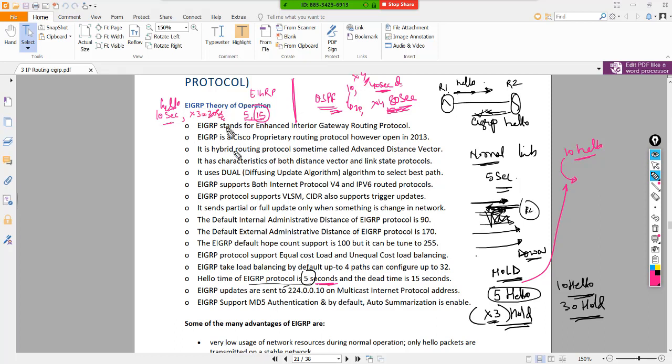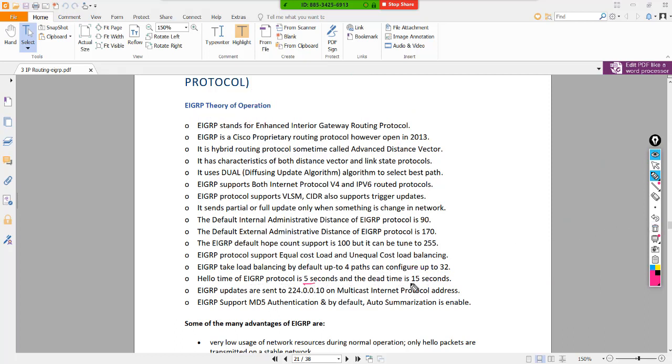But in EIGRP, you have to manually do it on both sides. Yes, they are customizable, and these are the defaults in the case of an Ethernet interface. Similarly, you have some high-speed circuits where the default value will be a little different, which I'll tell you in a few minutes.